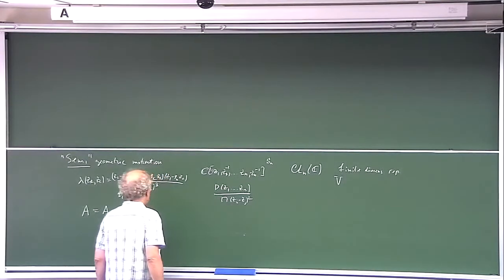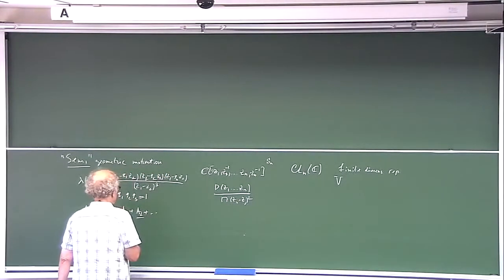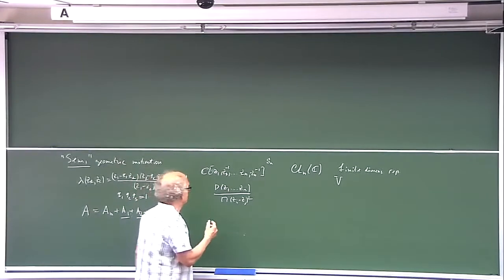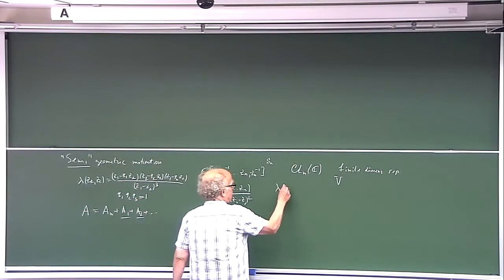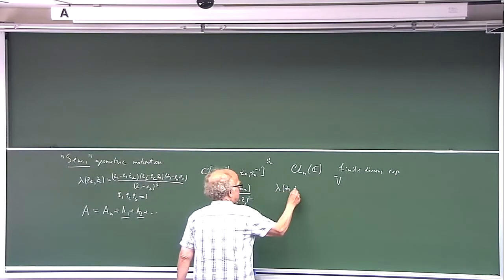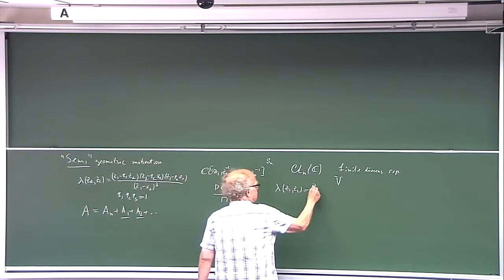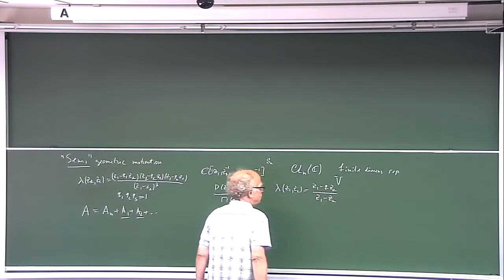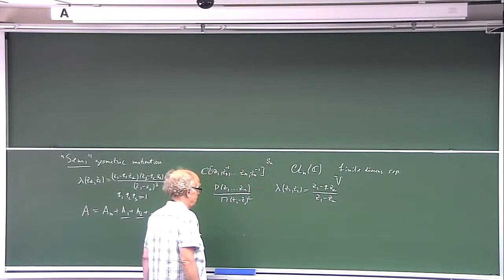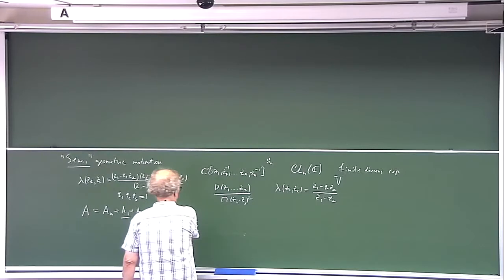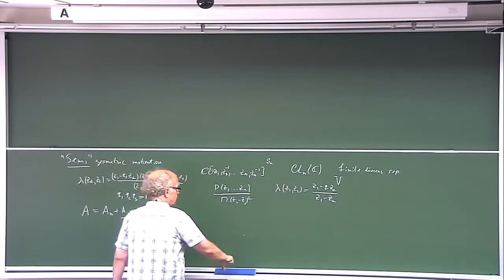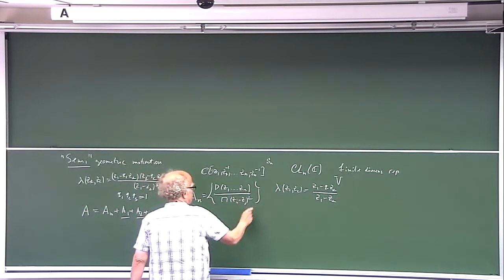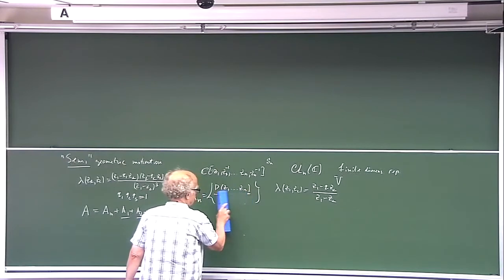But for example, as I also said, if the function lambda is simpler, if the function lambda of z1, z2 is (z1 minus q z2) over (z1 minus z2), then in this case the algebra is all similar, the product is similar, but E_n is just such a space, but without this factor.